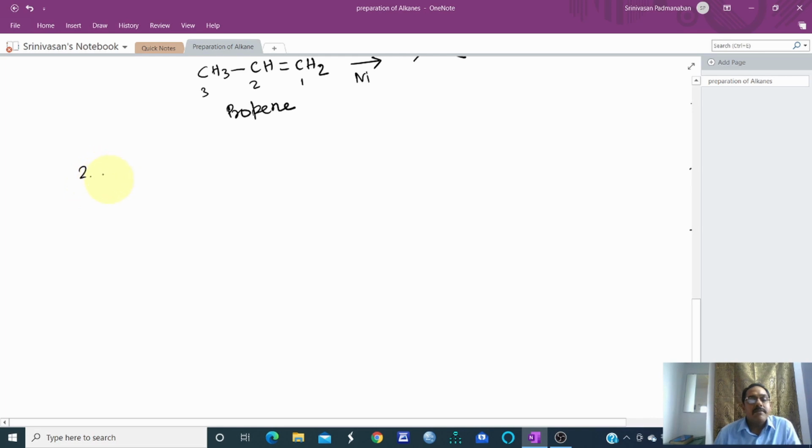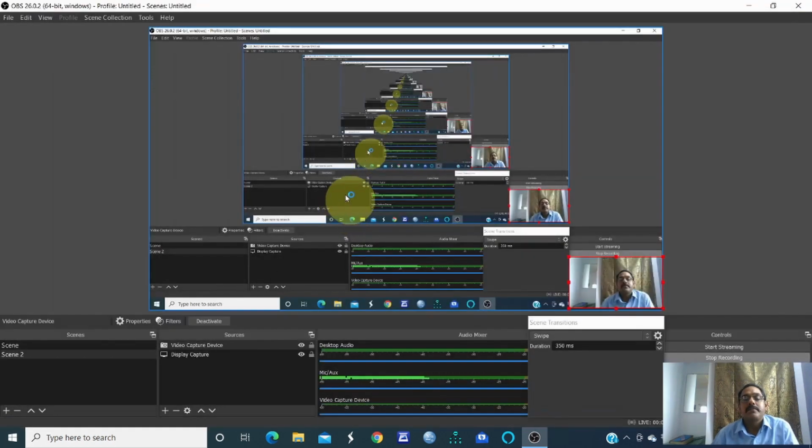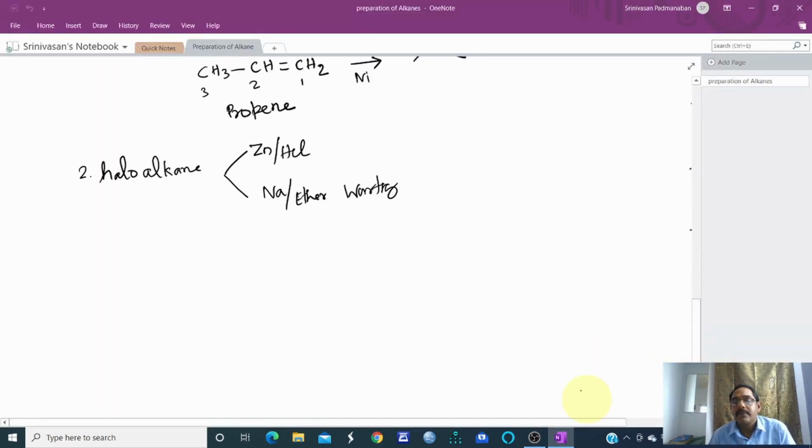The second one is from haloalkane. From haloalkane, we can do it in different ways: one using the reagent zinc and HCl, the other using sodium and ether, which we call Wurtz synthesis.